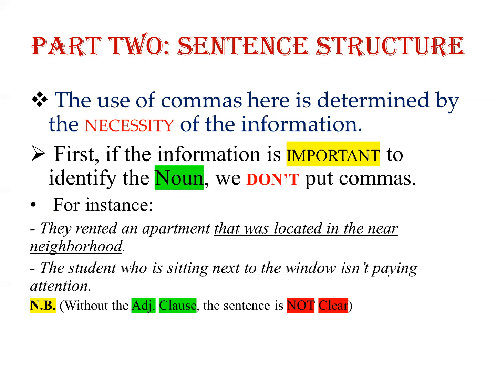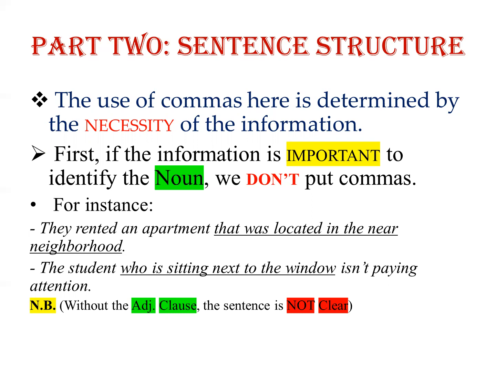For the first instance, if you said they rented an apartment and you deleted the adjective clause that was located in the near neighborhood, you just deleted it: they rented an apartment. Which apartment did they rent? There are hundreds of apartments in our neighborhood. You see that the sentence is not clear. It is vague.